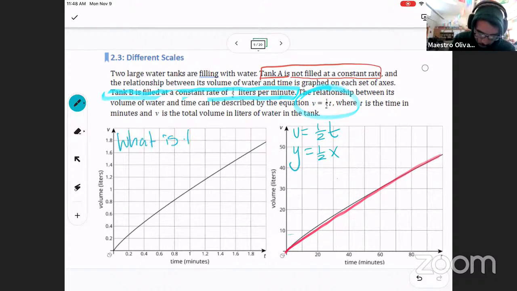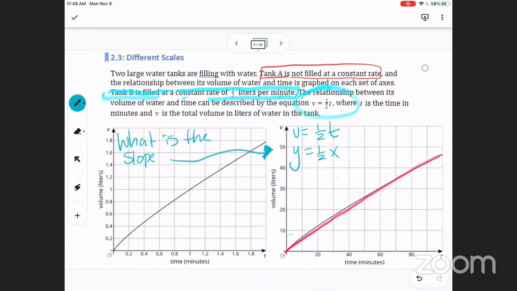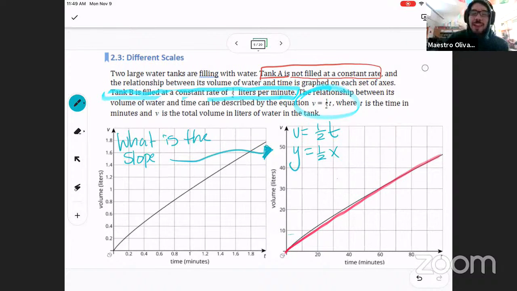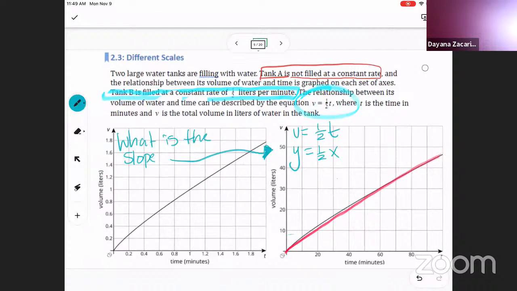What is the slope in that equation? 50. Can you say it to me as a fraction? 1.5. Ooh, so close. It's not 1.5.